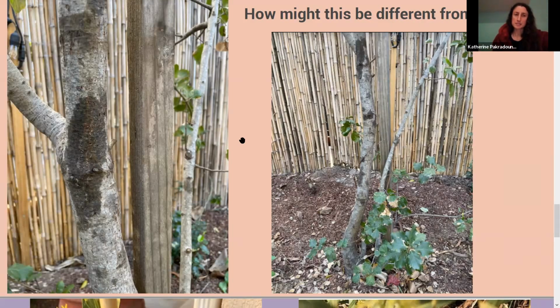So this looks like potentially a different type of boring beetle or insect damage. So the weeping is not a good sign necessarily, but I would make sure to pay attention to the leaves and the other overall condition of the tree and other areas before jumping to any kind of major conclusions that any kind of intervention needs to be made.